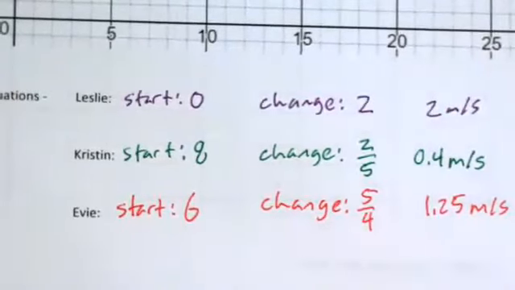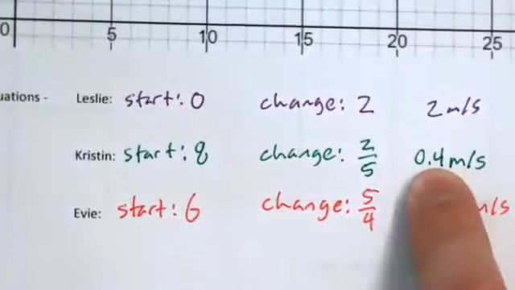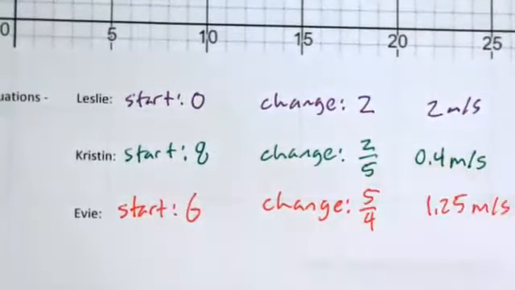Between Kristen and Evie, who's faster? Evie's faster. And Kristen has the slowest speed, so Kristen's going to be the slowest. However, some of them have different head starts, so maybe the head starts will come into play. So we don't know for sure who's going to win just yet. All right, any questions so far? Depends on how long the race is, yeah.